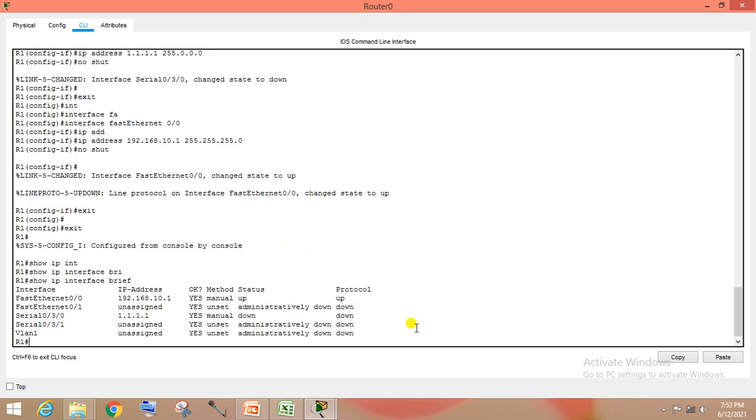Yes, we have configured the interfaces: this is the WAN interface, this is the LAN interface. Okay, now go to the second router.